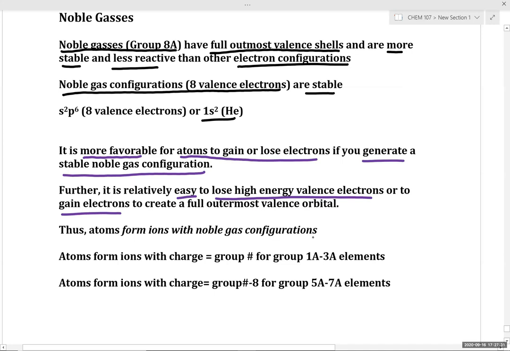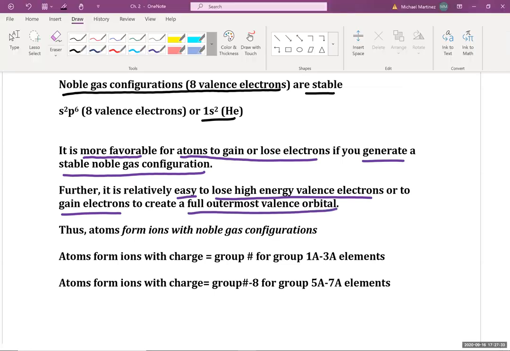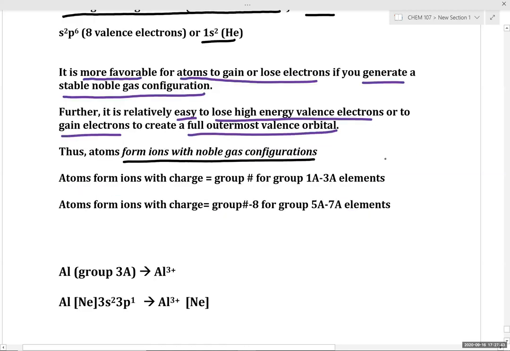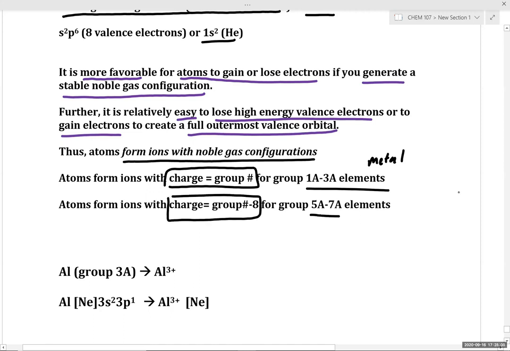As a result, atoms will prefer to form ions with their charge equal to the group number if it's a 1A through 3A element, in other words, if it's a metal. While atoms will prefer to form ions with charge equal to the group number minus 8 if they are non-metals. Essentially, we're trying to reach the closest noble gas configuration.